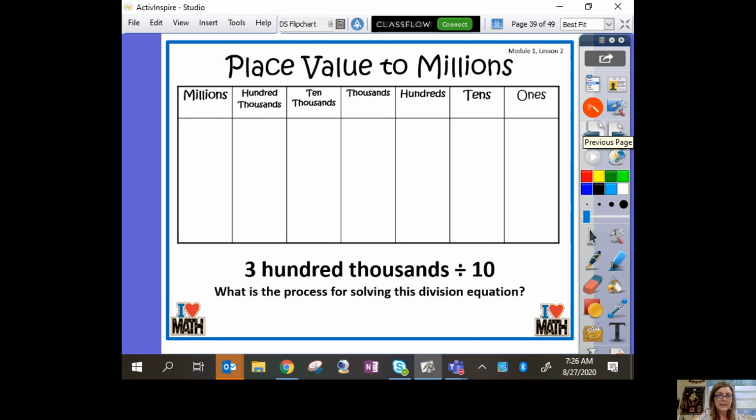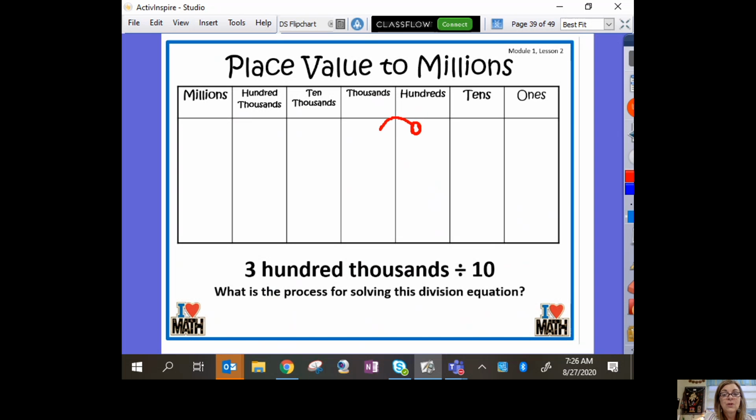So our next problem is going to be a division problem. So let's think about that for a minute. Let's talk about how multiplication and division relate. They're complete opposites. So if I'm multiplying and I go to the left and it's times 10, what do you think we would have to do to divide if we wanted to do the opposite of that?